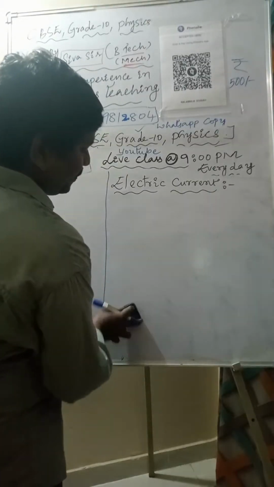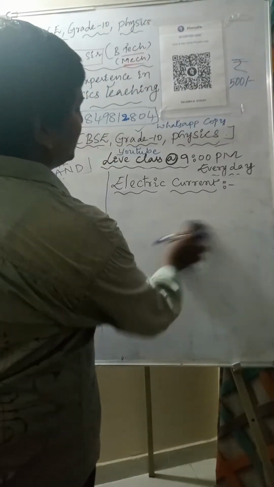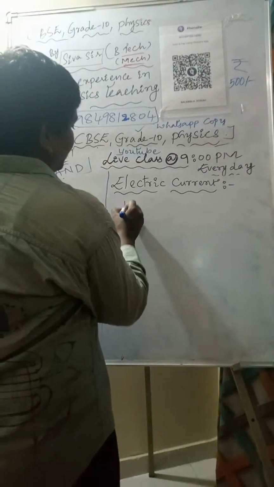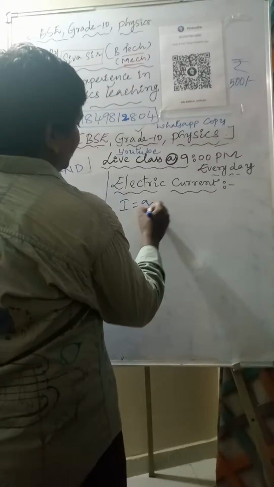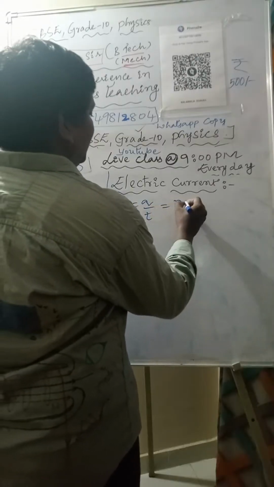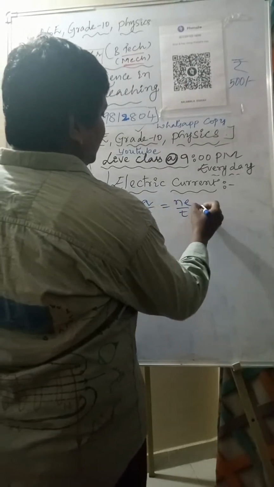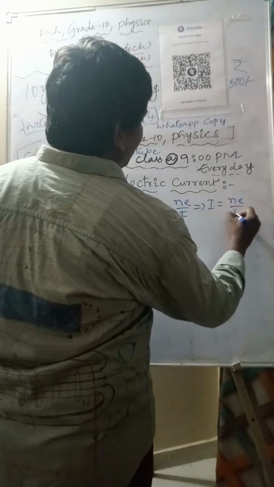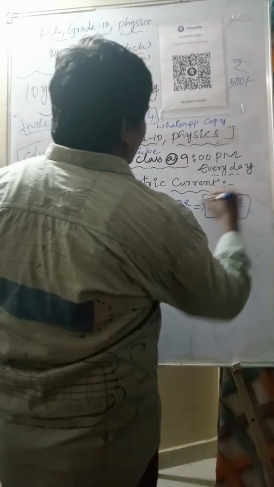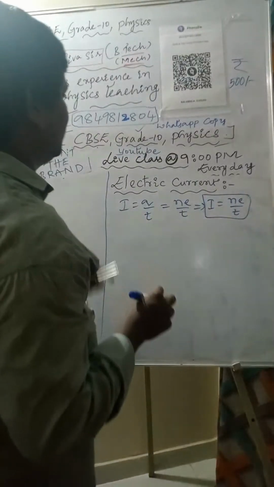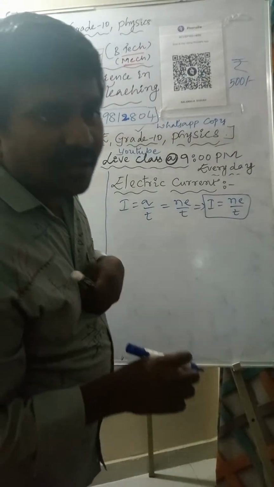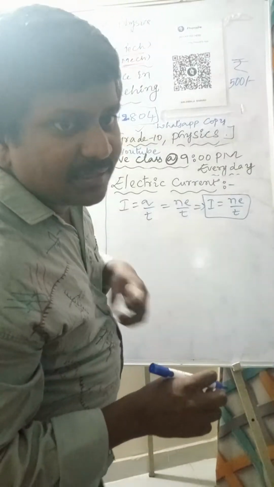We will solve a few problems related to that. I equal to Q by T. So Q is nothing but Ne, so I equals Ne by T. Here one point is there: this formula is very, very important. Make sure of that.